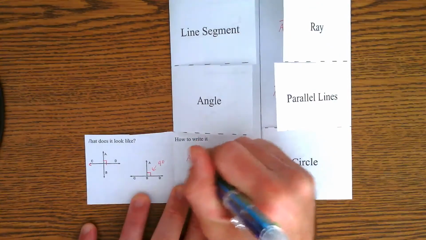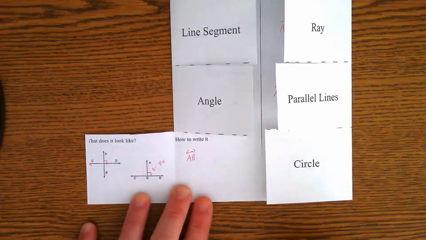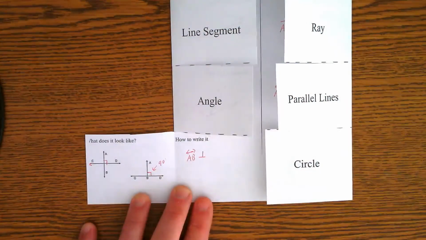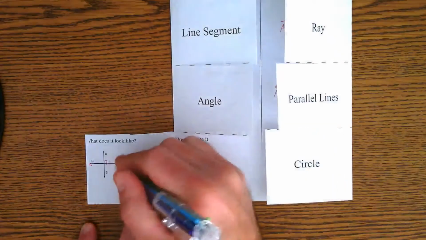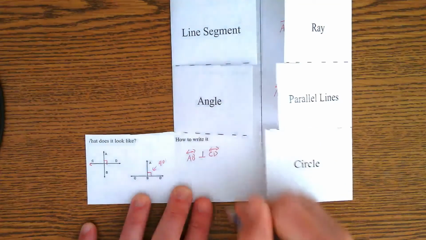We write that line AB, and again, we could have line BA. The symbol for perpendicular to is an upside down capital T. To me, it looks like two lines that are perpendicular. And then if we're doing this one, it's perpendicular to line CD.